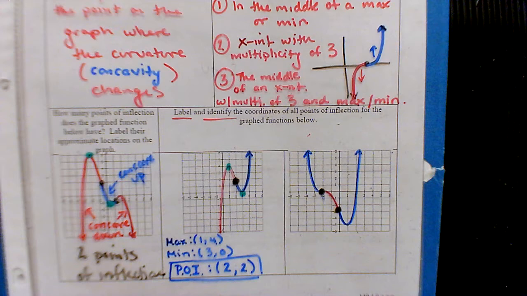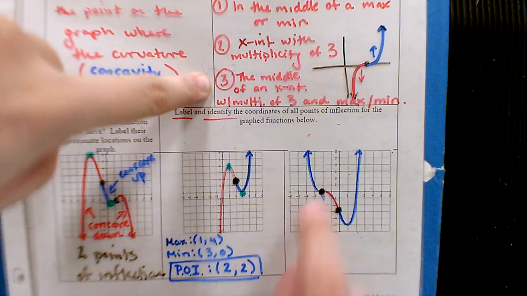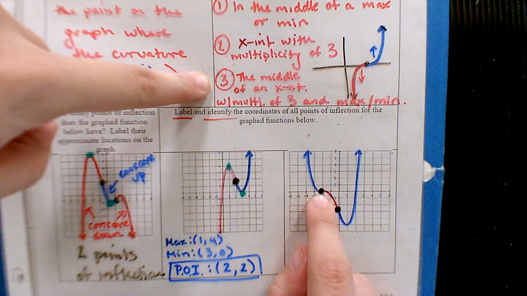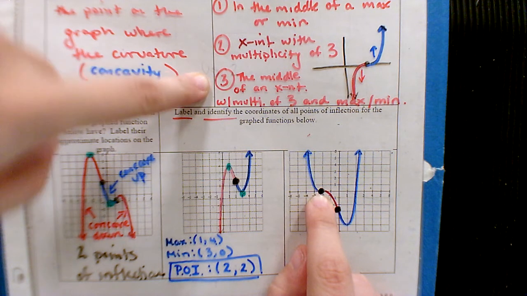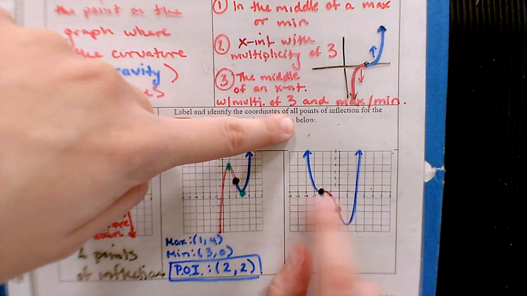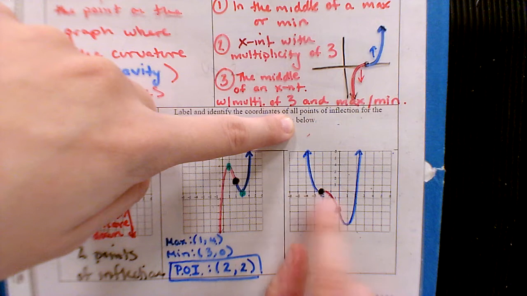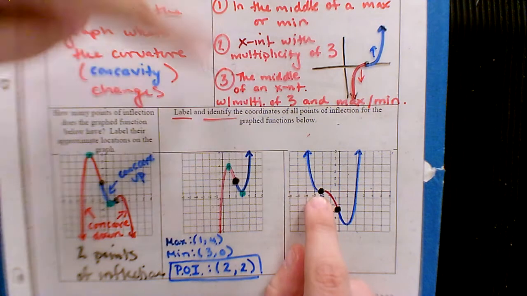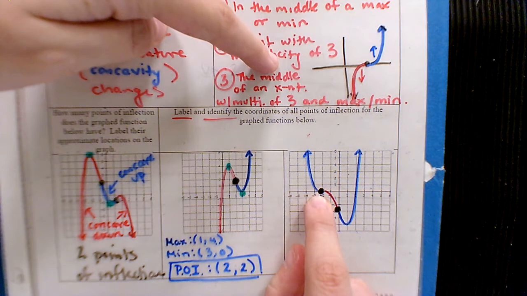Number 3. This one? Yeah. So if this is in the middle of an x-intercept with a multiplicity of 3 and a max or min, where's the x-intercept on either side and where's the max or min on either side? If this point is in the middle.